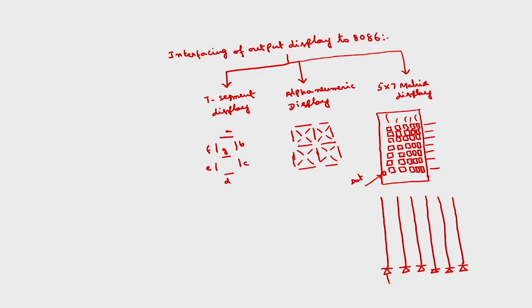This will be connected to a port, and then we have here along these 7 rows, at each intersection, another segment.